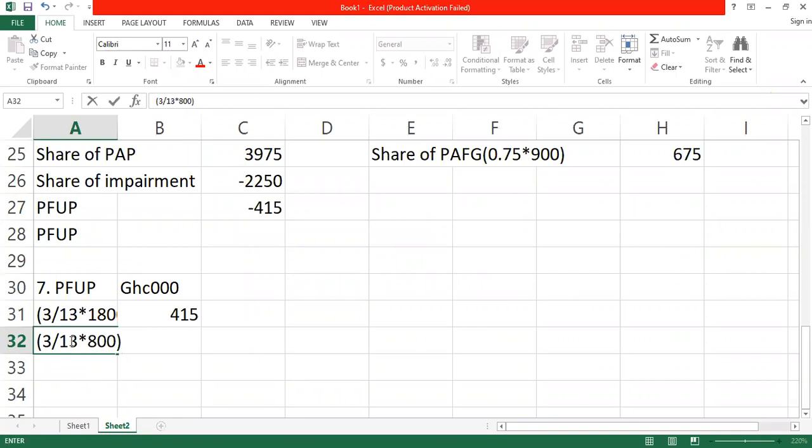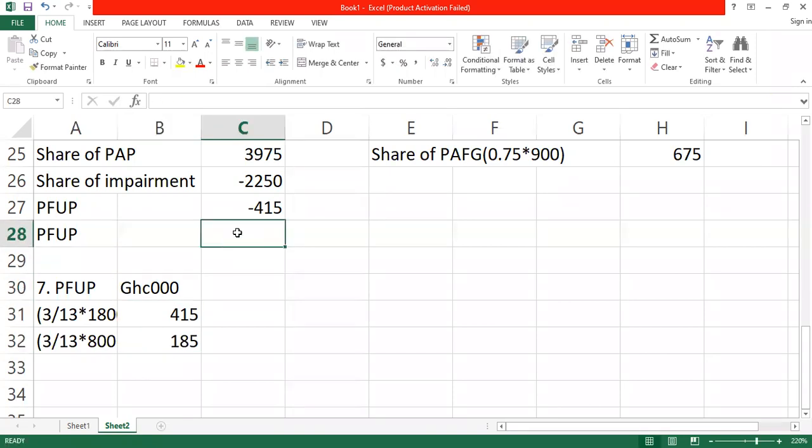All the goods will not be sold. What will be the unrealized profit? The nearest figure is 184, the nearest is 185. So this profit is still contained in the parent's books, and we go and subtract the 185 from it, because all the goods were not sold.